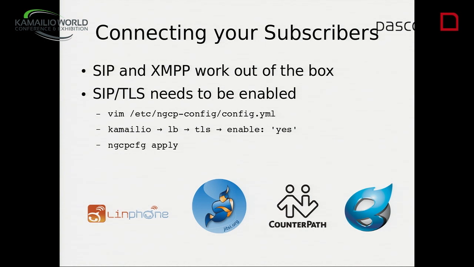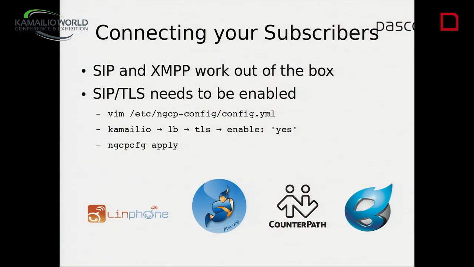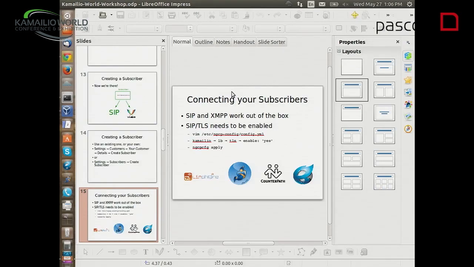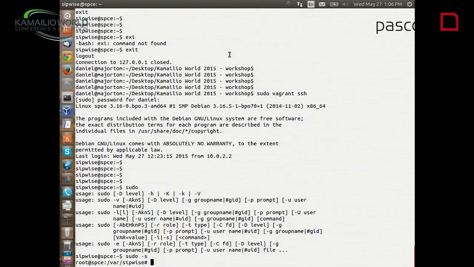We can also enable TLS, which should be enabled by default, I think. Basically, TLS is a general configuration setting in the main configuration file for the system, which is this one, etc ngcp config YAML.